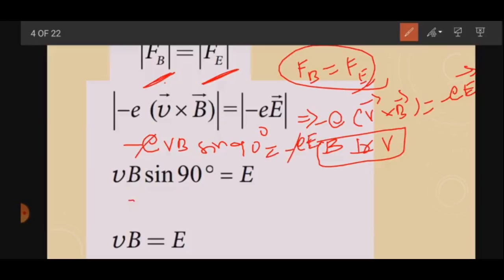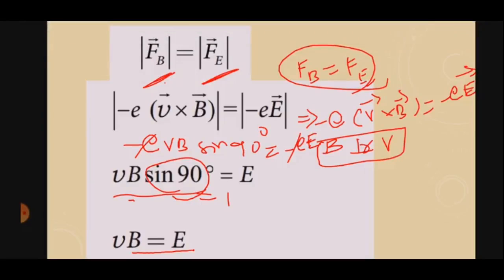Now VB sin 90 is equal to E. What is the value of sin 90? That is equal to 1. Sin 90 becomes 1. So we'll have the equation VB is equal to E.